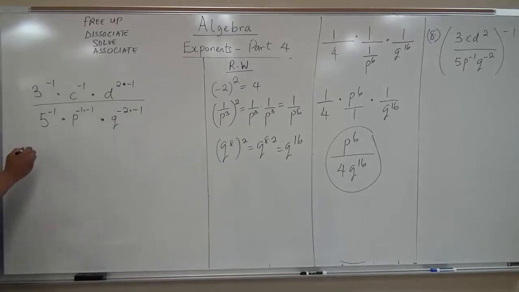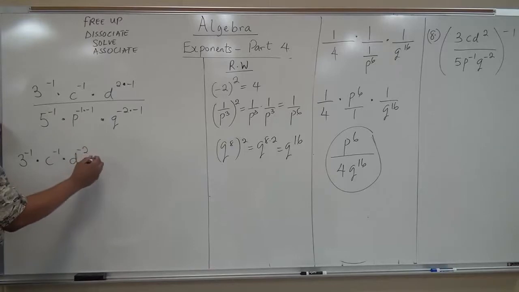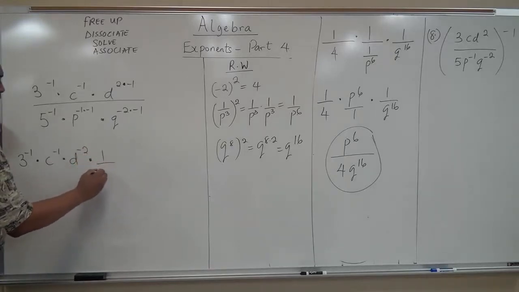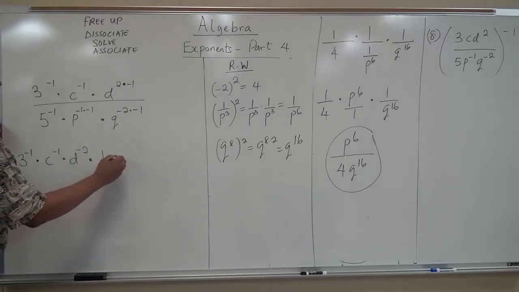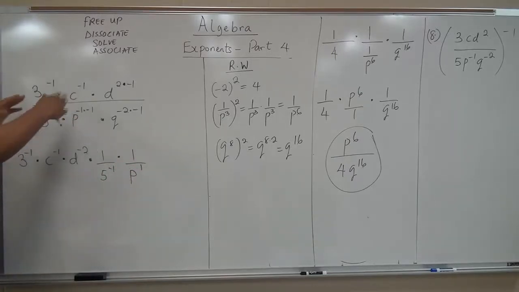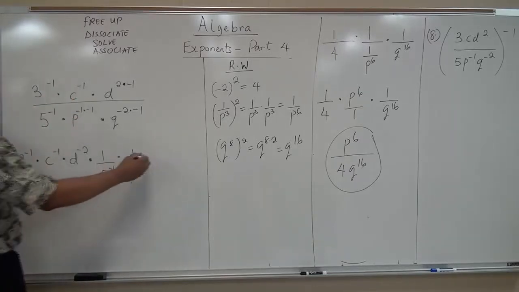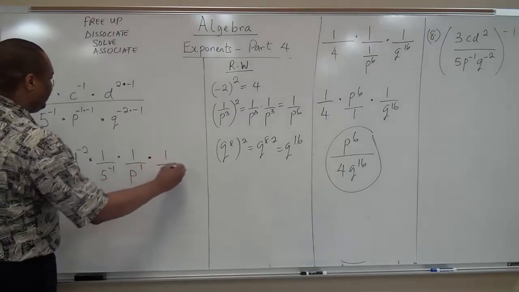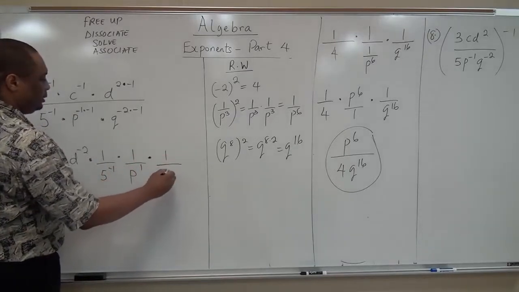So this is 3 exponent negative 1 times c exponent negative 1 times d exponent negative 2 times, because these are not the same, I can call this 1 over 5 exponent negative 1 times 1 over p exponent 1, because this is like saying 1 over that, times 1 over q squared.